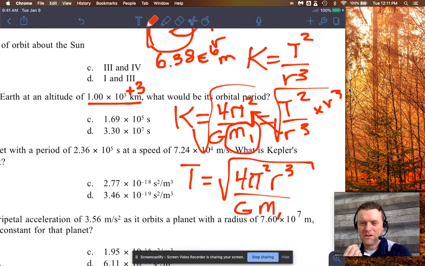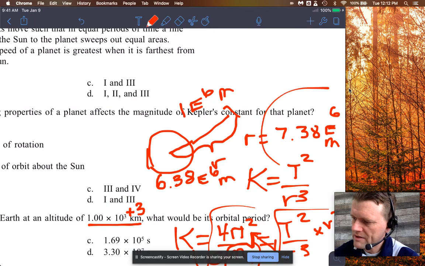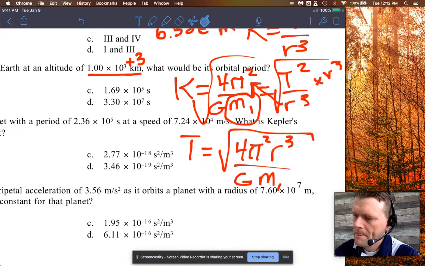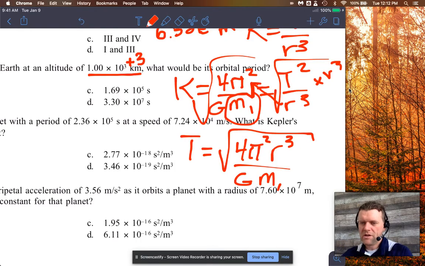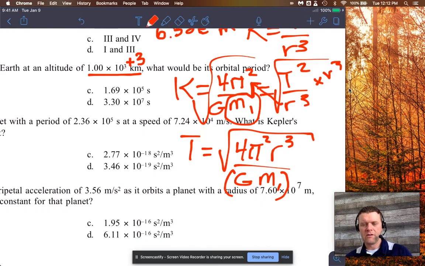What you have to be really careful of is that you enter this in your calculator correctly. You go 4 times pi squared times the radius, which we found to be 7.38 times 10 to the 6. And then you have to be careful to divide by the product of the denominator: 6.67 times 10 to the negative 11 times the mass, 5.97 times 10 to the 24th kilograms.